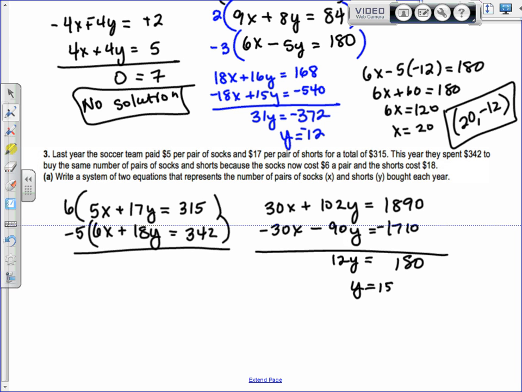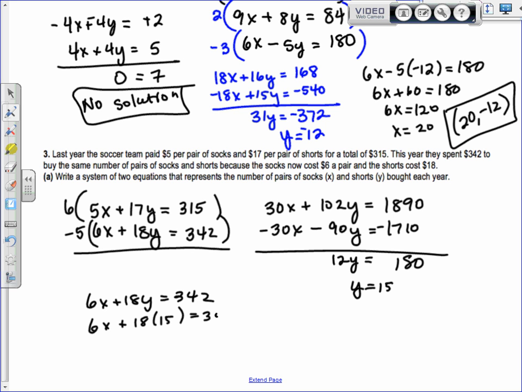Okay, so y is equal to 15, so we find x. So we have 5, well, let's do this 6. That one seems nicer. 6x plus 18y equals 342. In the original, you could have also divided out by the common factor, which 6 goes into all of those, so you could have done that originally too. All right, so 6x plus 18 times 15 equals 342.